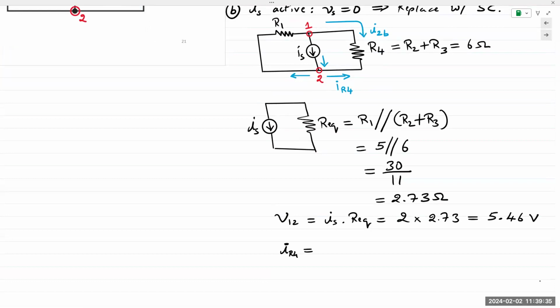So IR4 is simply V12 divided by R4. 0.909 amps. So again, if you do current division, you can just skip that step and apply current division directly, and you will obtain the exact same answer.